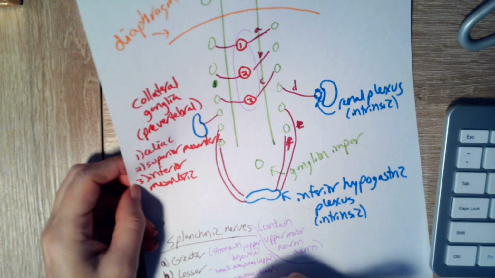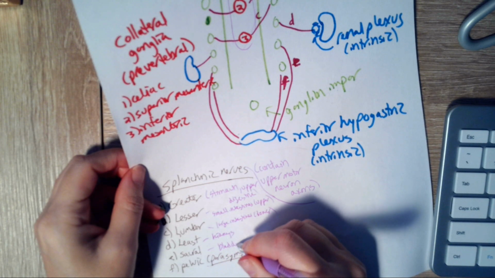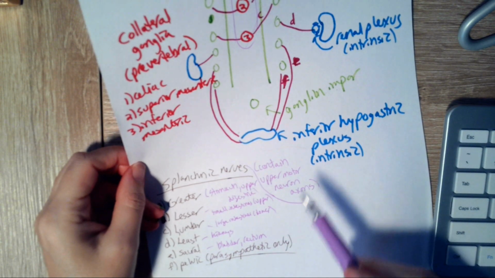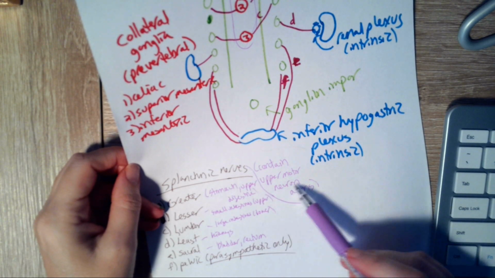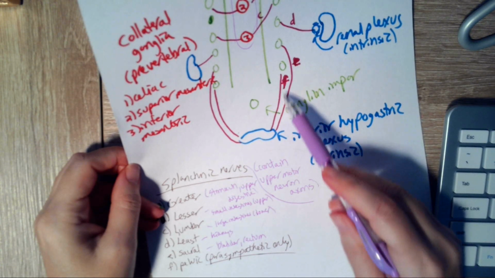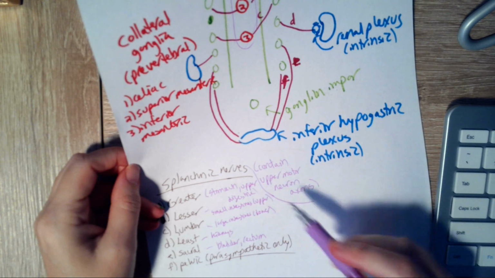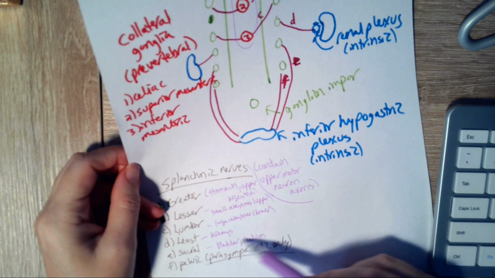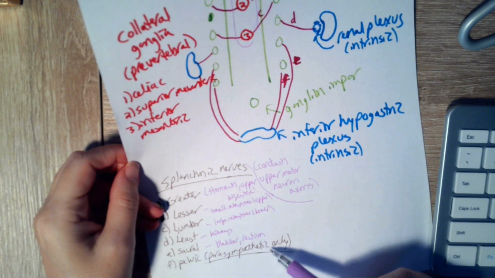That deals with things like the bladder and the rectum. So all of these will have sympathetic upper motor neurons. This last splanchnic nerve here, the pelvic splanchnic nerve, this is only parasympathetic. It's also going to the inferior hypogastric plexus, so it's dealing with the same things as the sacral splanchnic nerve, but just in a parasympathetic sort of way.